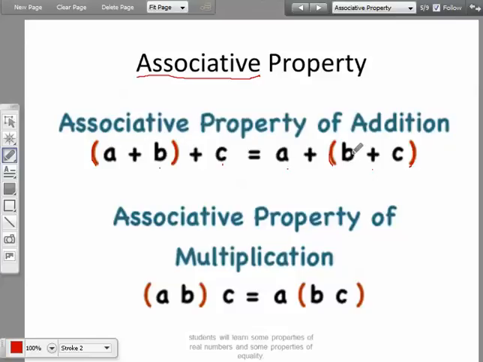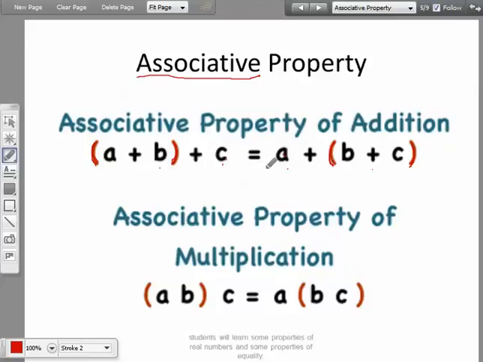Now, when I was teaching in a regular school, I used to call this one the dating principle. One day, these 2 people will be associated together and this one's on the outside. The next day you come along and these 2 people are associated together and this one's on the outside. It's a lot like that. Okay? And that's what the associative property does.